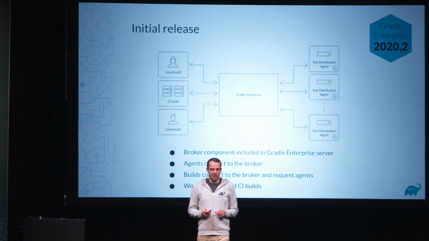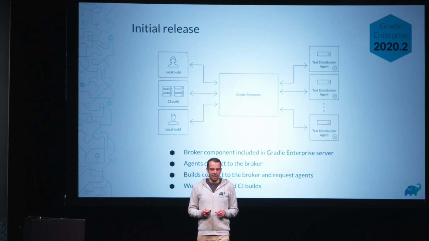And this picture shows the very high level architecture. So you have Gradle Enterprise in the middle, and you have test distribution agents on the left. These connect to a broker component inside the Gradle Enterprise server. And on the right, you have builds, local builds and CI builds, and they also connect to the Gradle Enterprise server.